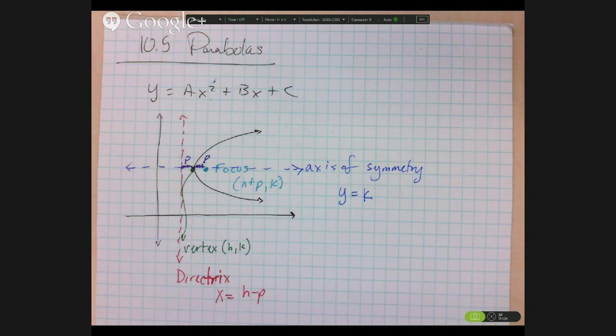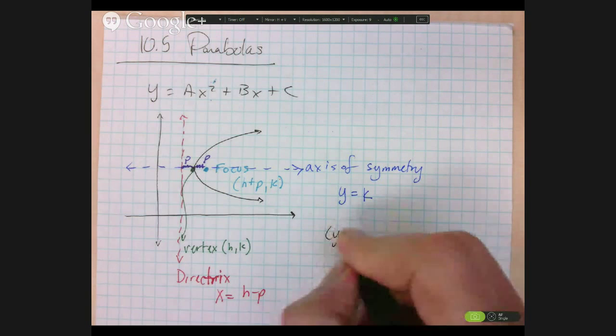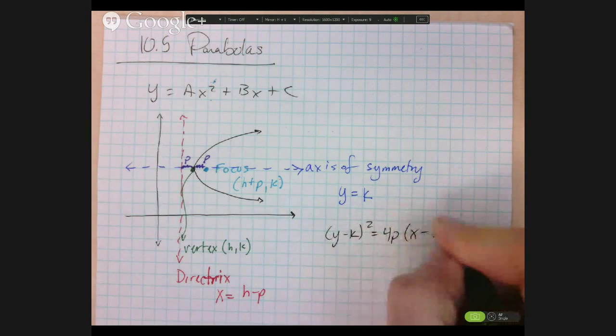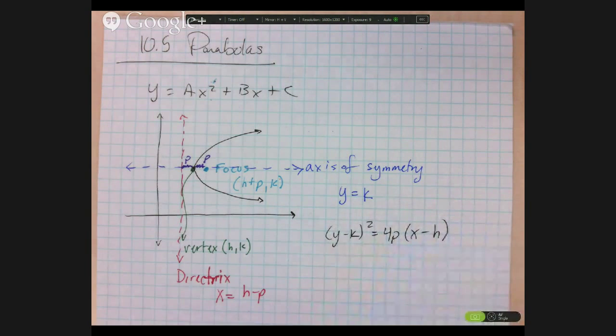And for a parabola of this nature, here is the standard form of the equation. Notice that it's the y that's squared this time. You okay, Hatcher? Yeah.